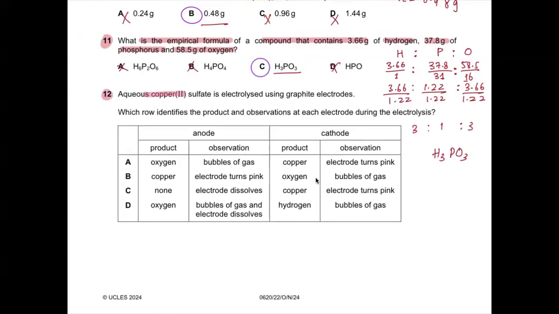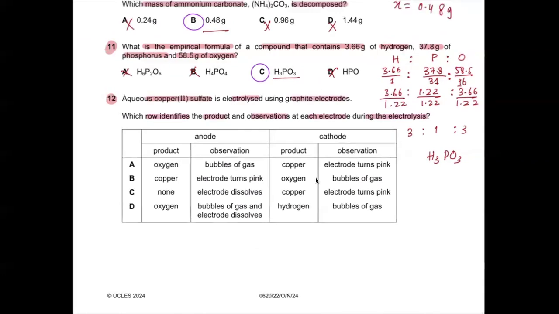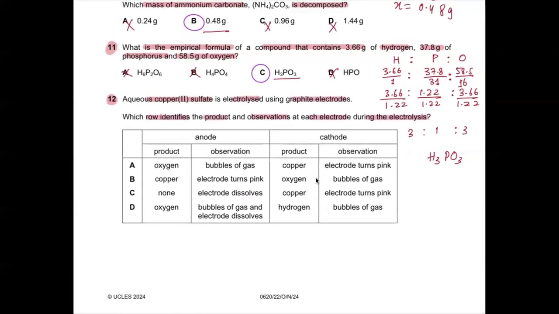MCQ number 12. Aqueous copper(II) sulfate is electrolyzed using graphite electrodes. Which identifies the product and the observation at each electrode during the electrolysis? Okay, when we are using graphite electrodes, at the anode, if you recall, the hydroxide ions react forming oxygen, and at the cathode, copper ions react forming copper metal.